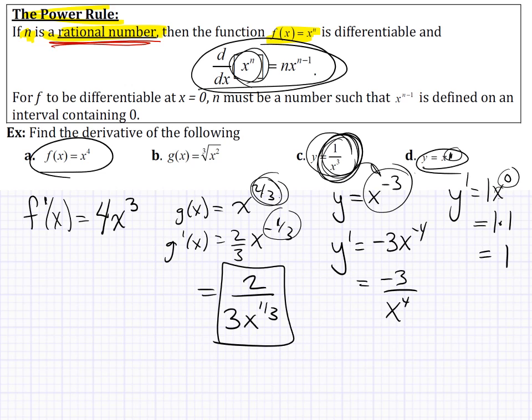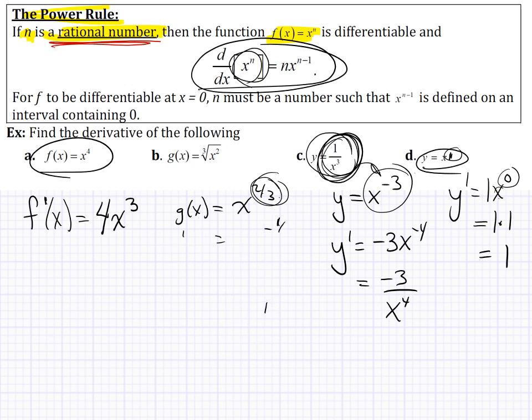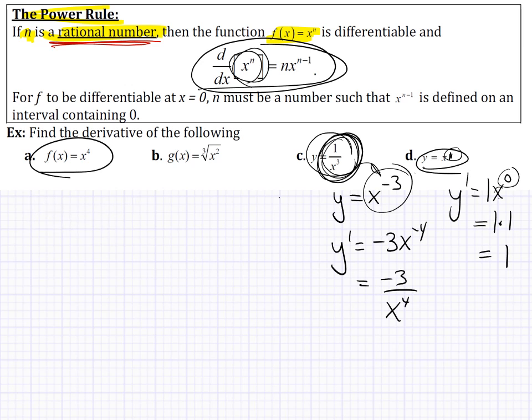It works for a couple of reasons. If I make some room here, I'll show you why it works. It works because of the limit definition. The idea is if we're doing this with the limit definition, we have a function, which is x to a power. We have to find f of x plus delta x, which would be x plus delta x to the n, in which case we would have to multiply this out.